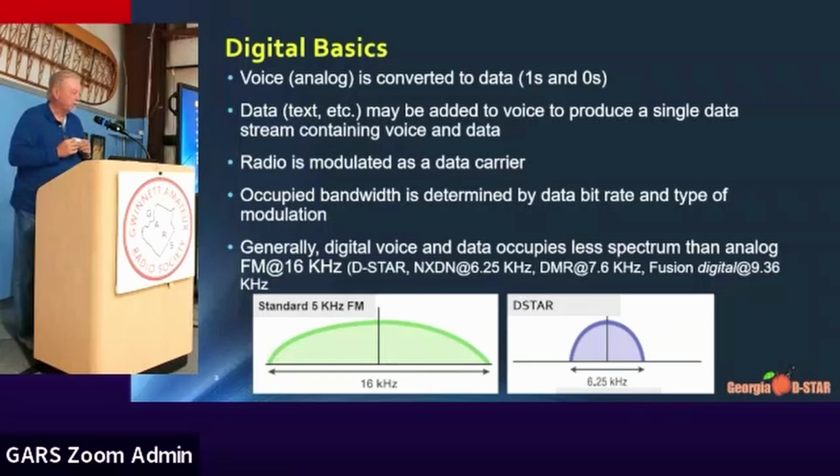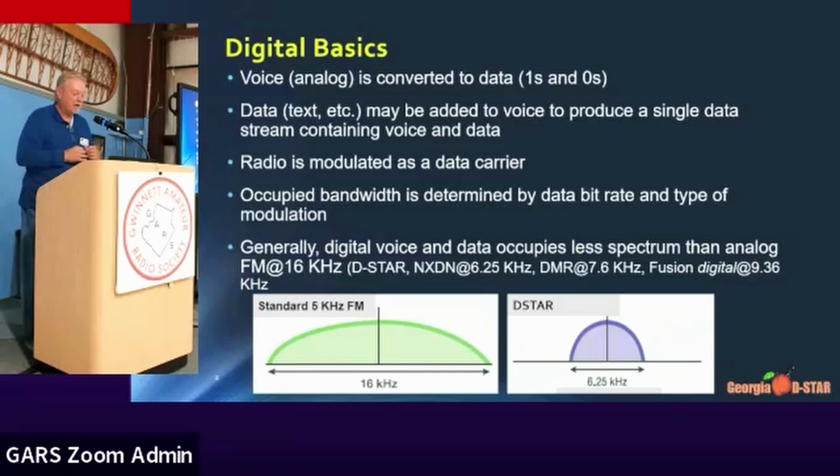But generally, what you're going to see is that a digital voice and data signal will occupy a lot less than your standard FM analog signal, which is around 10 to 15 kilohertz. What you'll see is from around 6.25 kilohertz, which is the occupied bandwidth, and that's also the FCC emission designation for that.